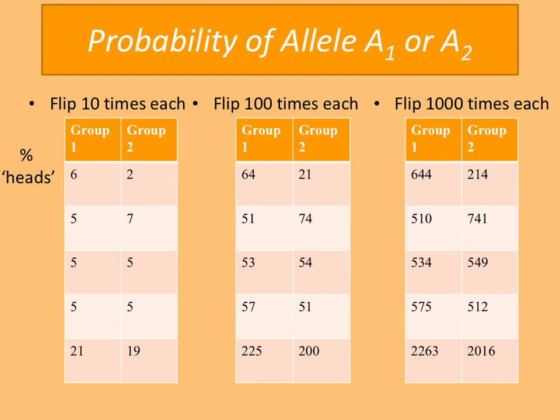Same thing in group 2, but 53 versus 54 is a lot less than 50 versus 60, which you get with a smaller population size. And then as you get up to a large population, 1,000, then it's 1 in 1,000.